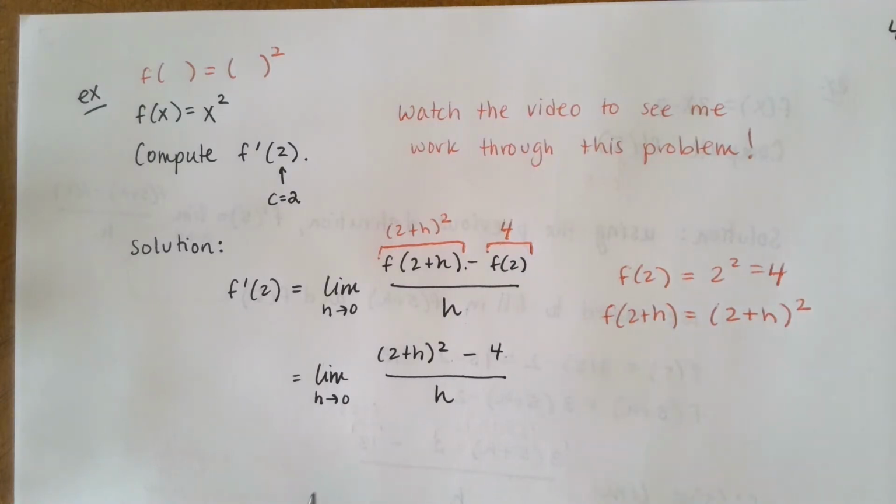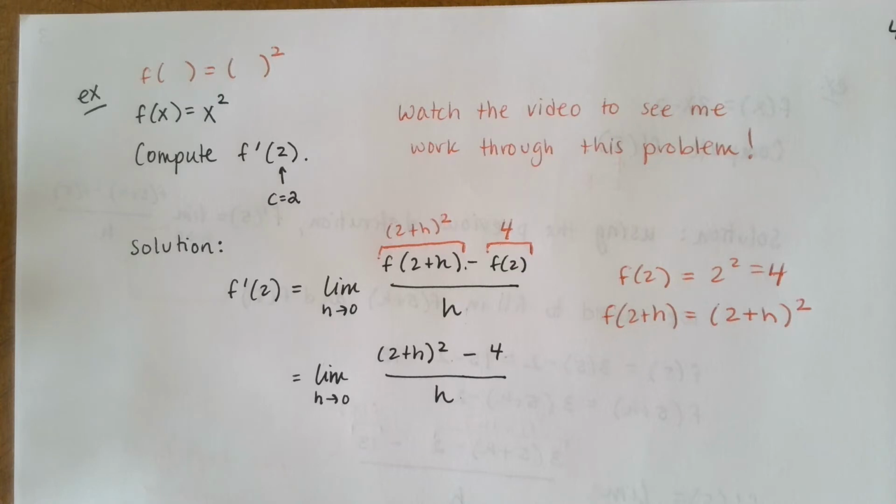The problem is that you can't just plug in h equals 0 here because it would make you divide by 0. But even though it doesn't look like it right now, 0 is a hole in this graph. So what we want to do is mess with that numerator enough that we can see the h's cancel. And then as soon as the h's cancel, we can plug in h equals 0 and be done.